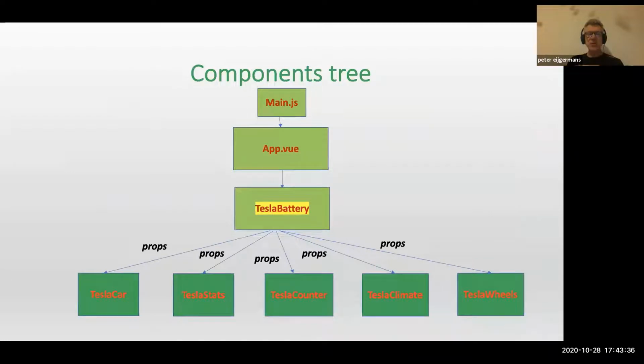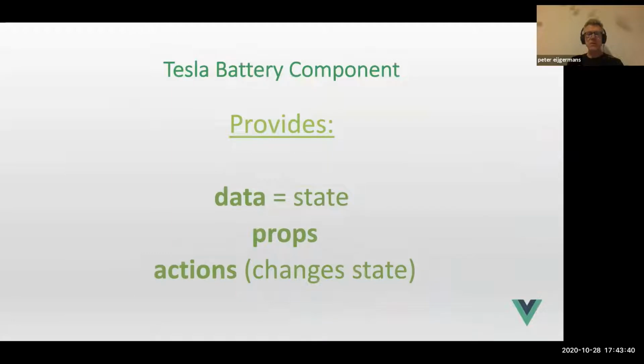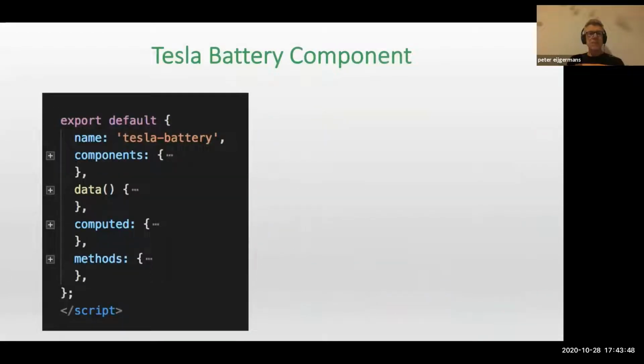The Tesla battery component contains the heavy lifting: the state, the properties, the actions and the methods. You see that the Tesla battery has a name and also a components section and a data section for the state, and a computed section, which contains all the functions which will be executed when a property in the data section changes.